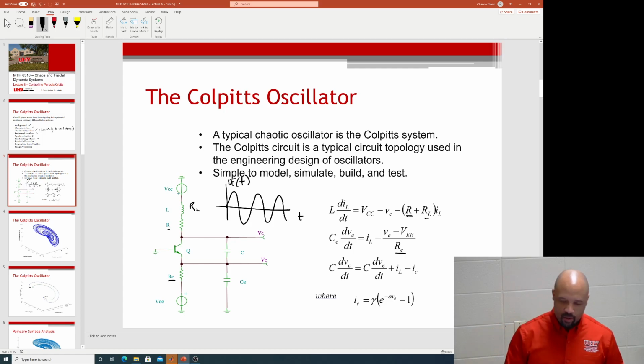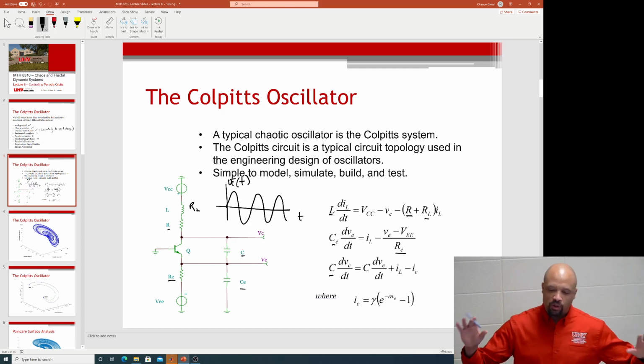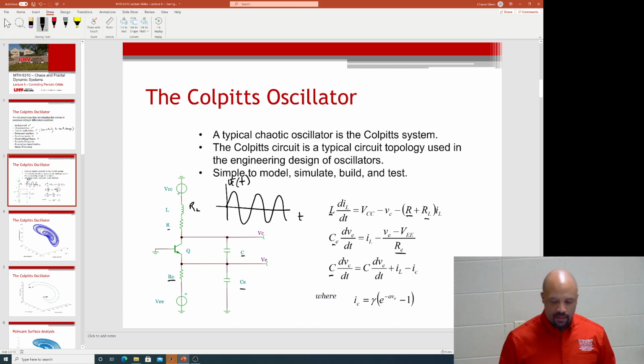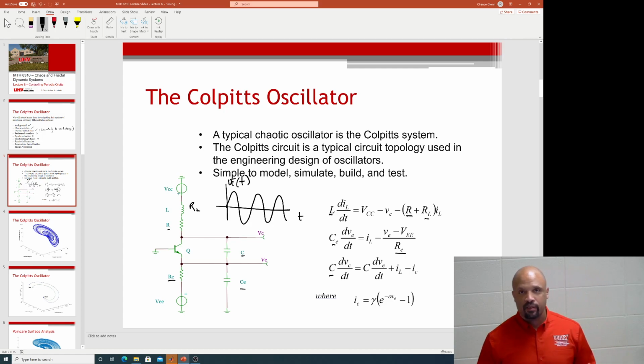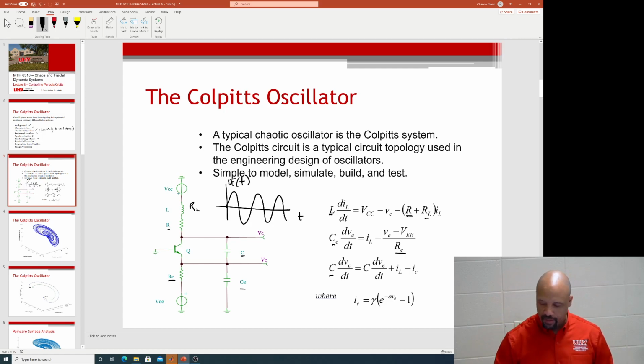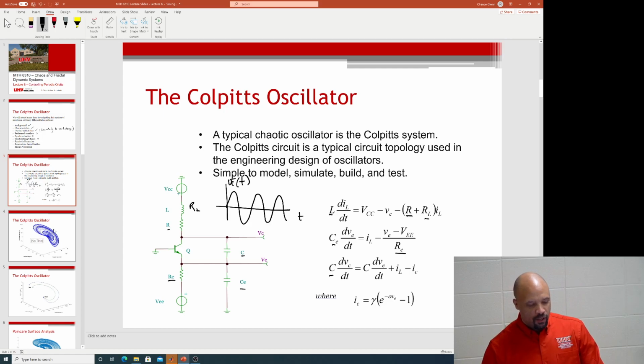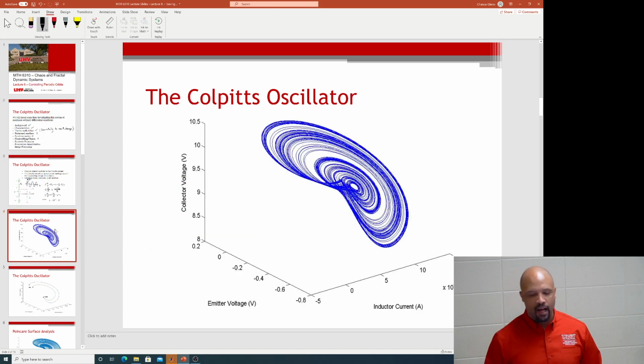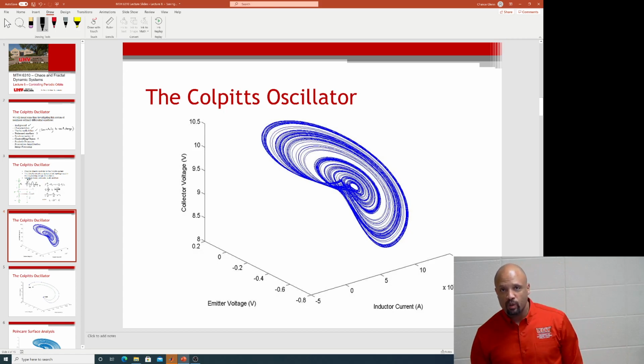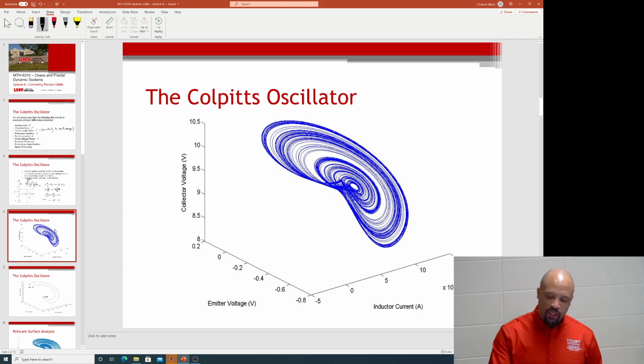And obviously the values of the capacitances, C, CE, and of course the inductor L. Those all have values that we call parameters. So you see them in the equations, you see them in the circuit, you get a sense of what the reality of all of this turns out to be. Well, for certain values, and we've shared some of those values in the past when you utilized your MATLAB code, we show that this is a potential of what you could get.